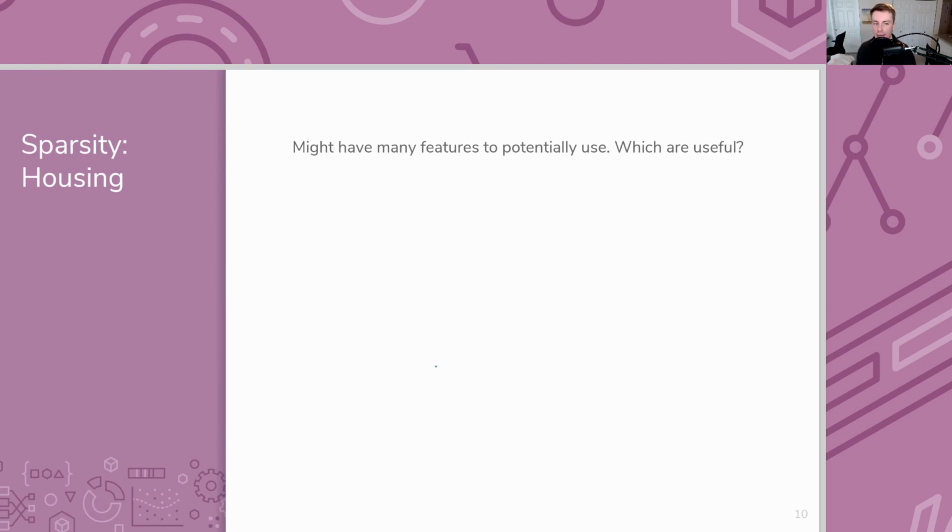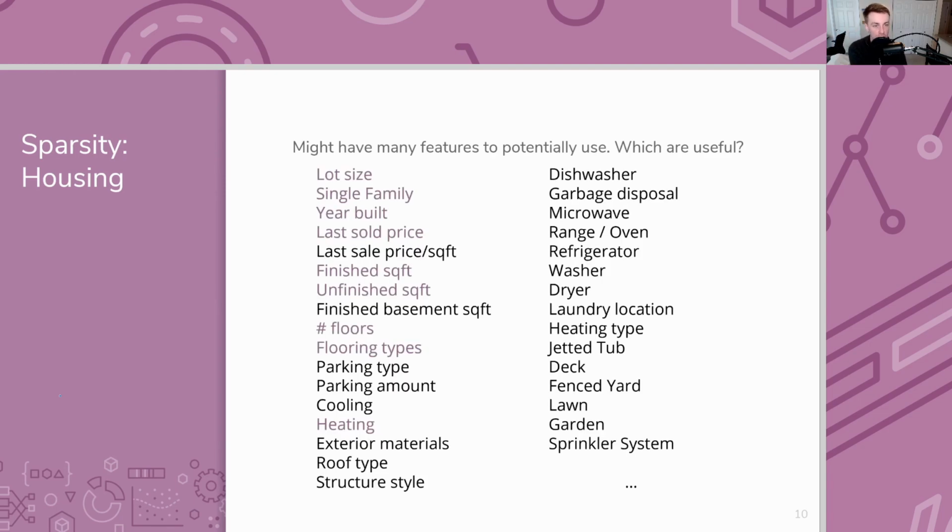Well, if you take our case study example of housing prices, knowing just a few of the potential many features you might use, which ones are somehow the most important, can be really helpful in interpreting what determines the price of a house. So if you have all of these inputs that you might use as features available, but somehow you have an algorithm that tells you these ones I've highlighted in purple are somehow the most important, whatever that means, for determining house price, you can now focus your analysis on those.